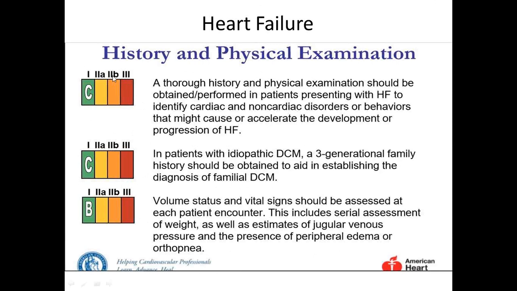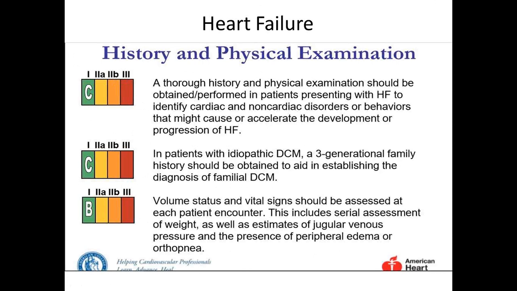When we have these numbers up top is class. So whenever we're doing a test, or if we're going to prescribe any medicine, we use a classification system where we class it 1, 2, and 3.